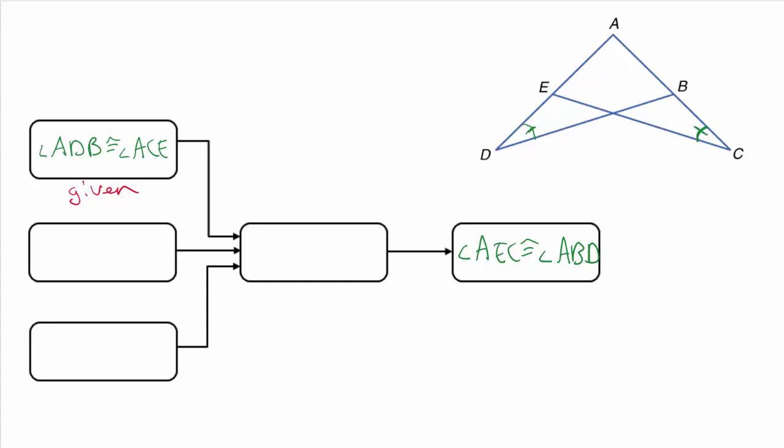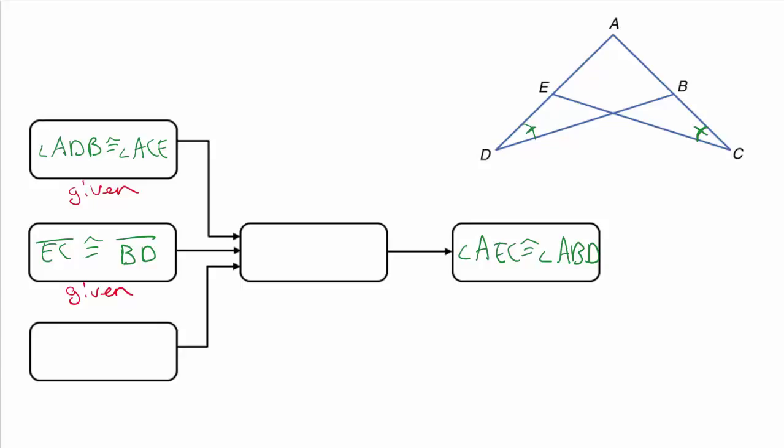Okay, our second given was that EC was congruent to BD. So EC is congruent to BD or DB, doesn't matter how you write it. And that one's our given. So I'm going to actually trace this line out.